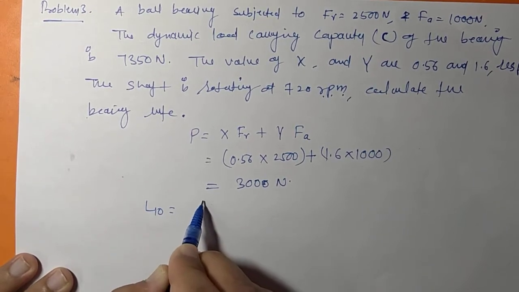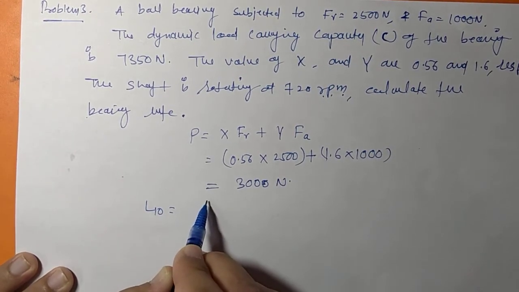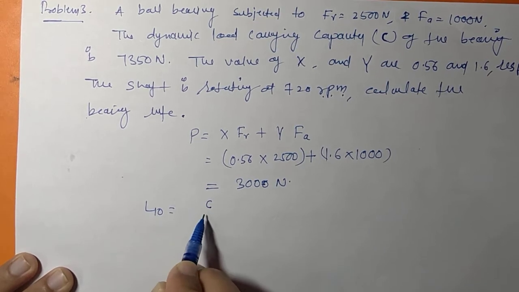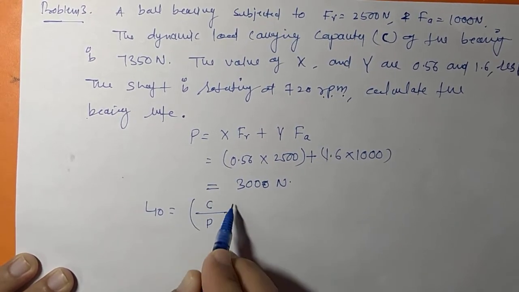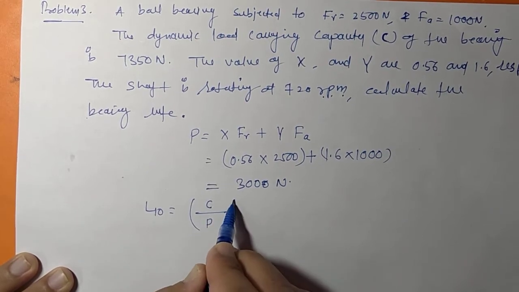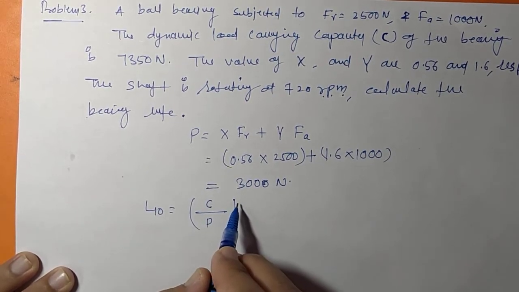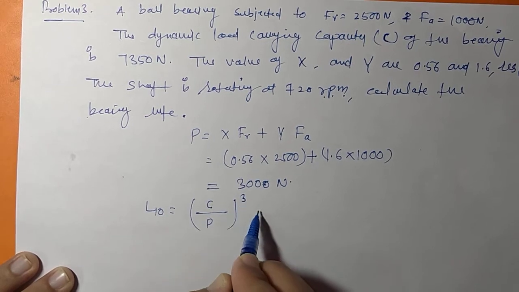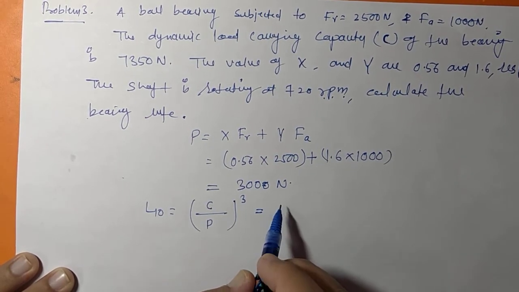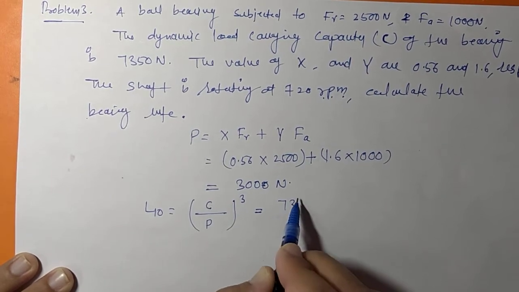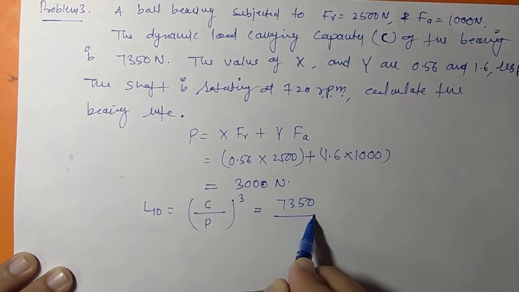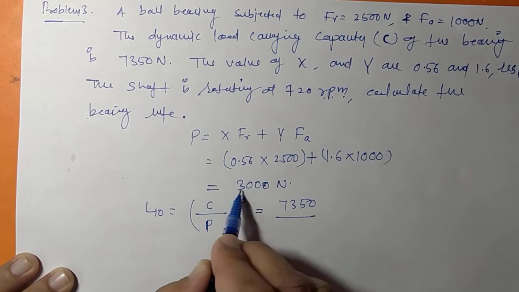This is C, the dynamic load carrying capacity, divided by P, the equivalent dynamic load, raised to power n, and n is 3 for ball bearing. So C is given as 7350 Newton, and P we calculated as 3000.